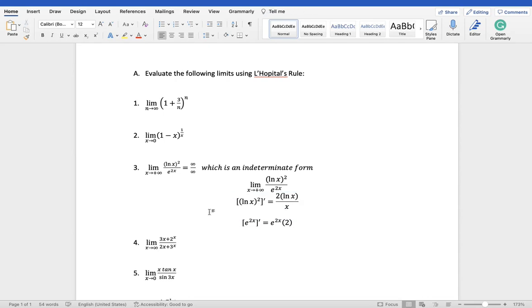You guys remember the formula, so let me just give you the general formula that I'm sure you are familiar with.